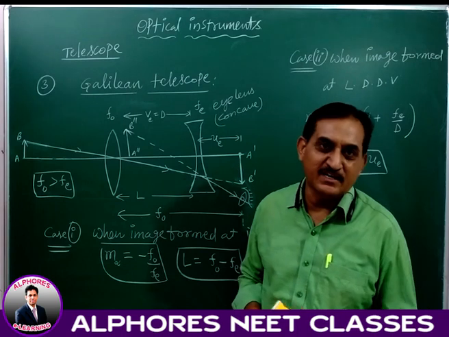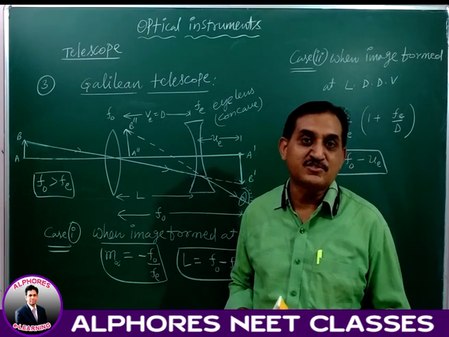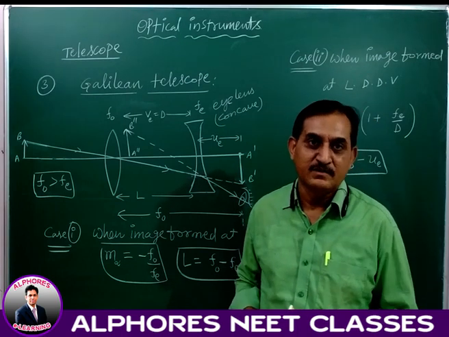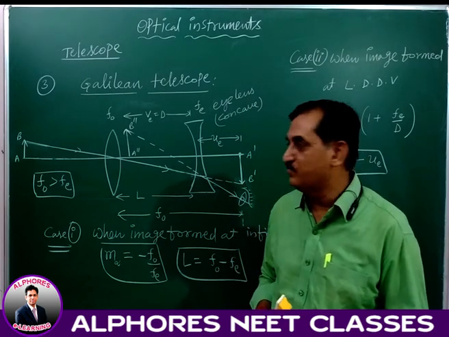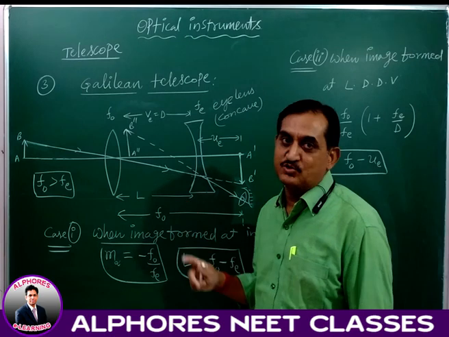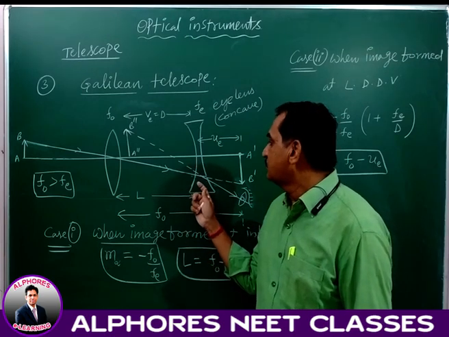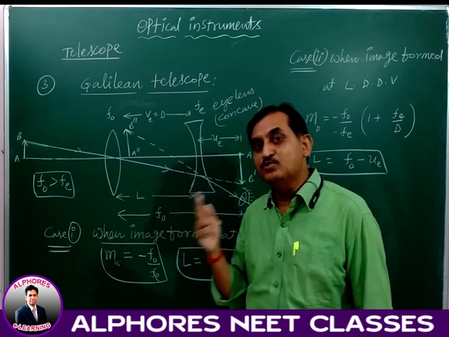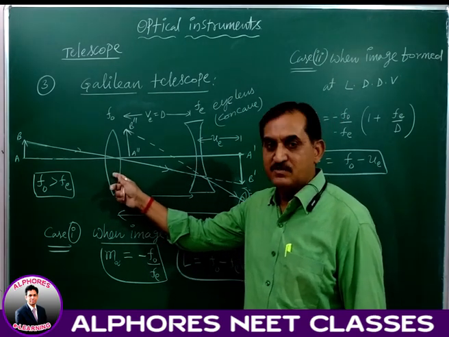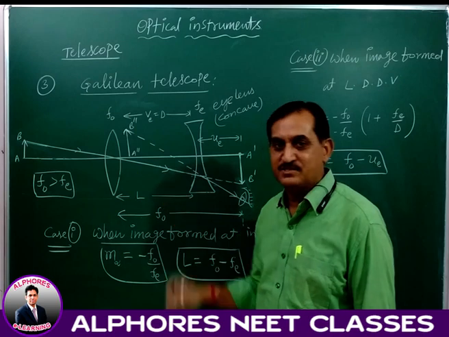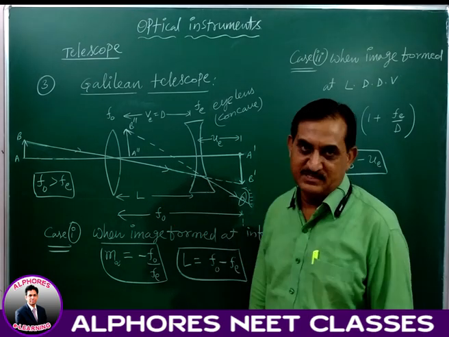In the astronomical telescope and terrestrial telescope, which are both discussed, all are convex lenses, converging in nature. Whereas the Galilean telescope includes two lenses, but one is the convex lens, which is the field lens or objective lens, and the other is a concave lens.